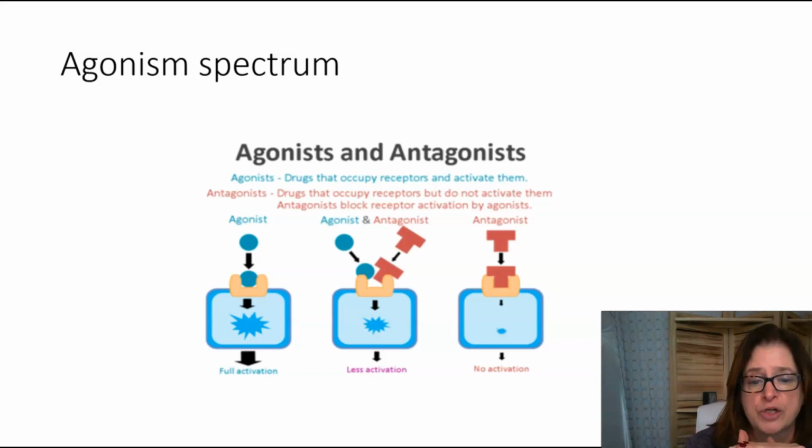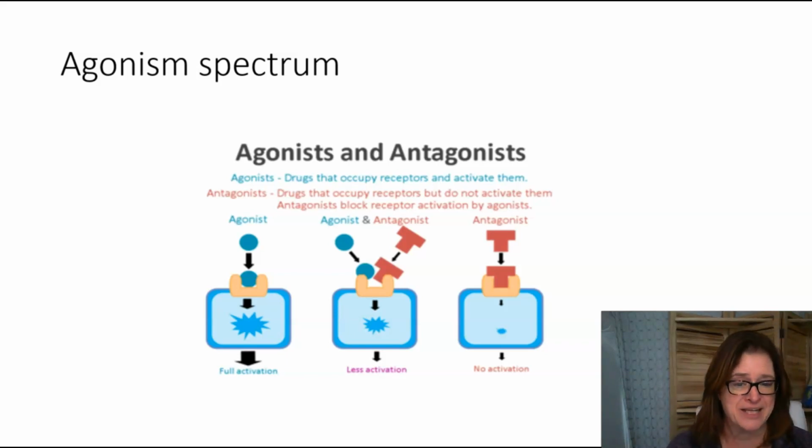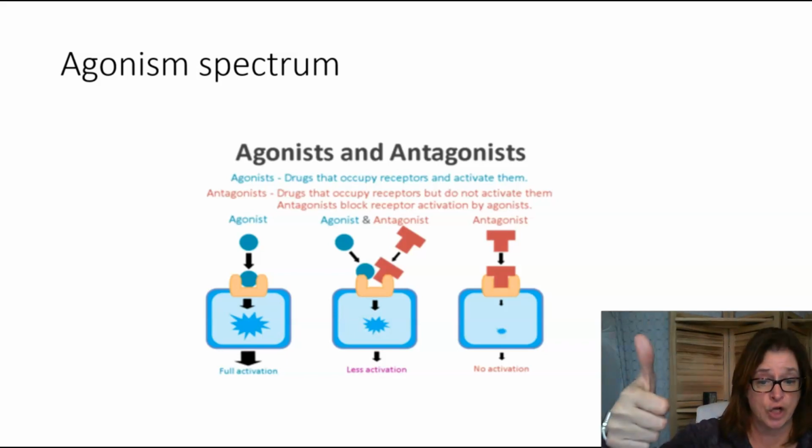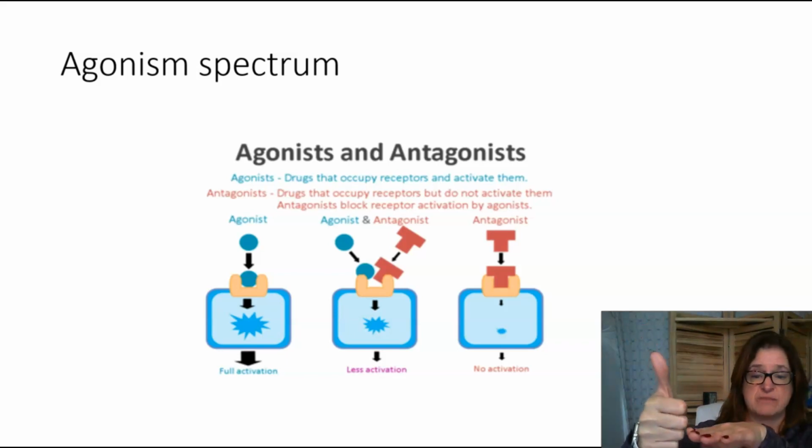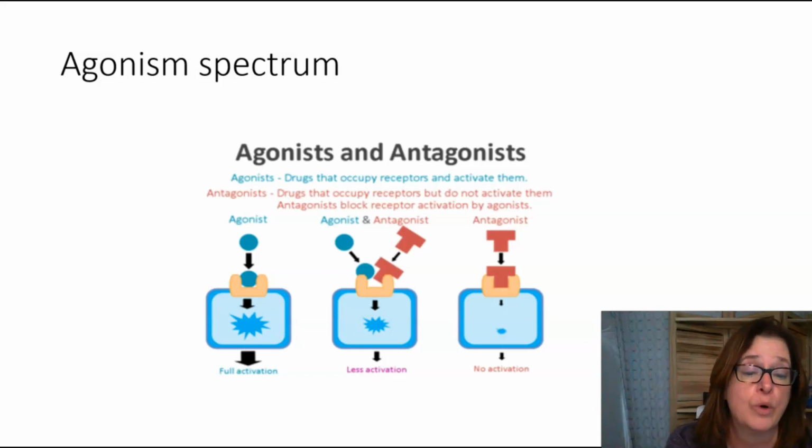Where, just as an oversimplification, if a receptor, when it is stimulated by an agonist, makes you happy, the antagonist just blocks that happy from happening. An inverse agonist, if it occupies that receptor, makes you unhappy. So the opposite. So an agonist makes it go. An antagonist just makes nothing happen. An inverse agonist does the exact opposite of what that receptor would ordinarily do.